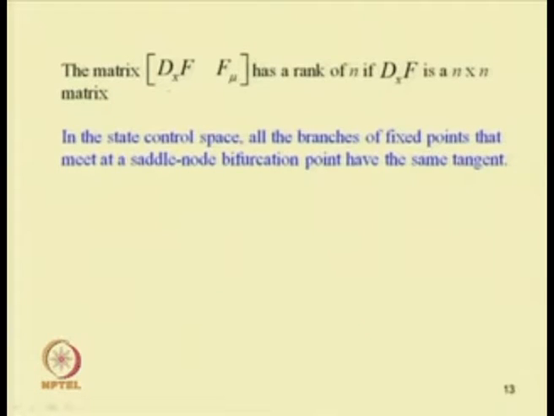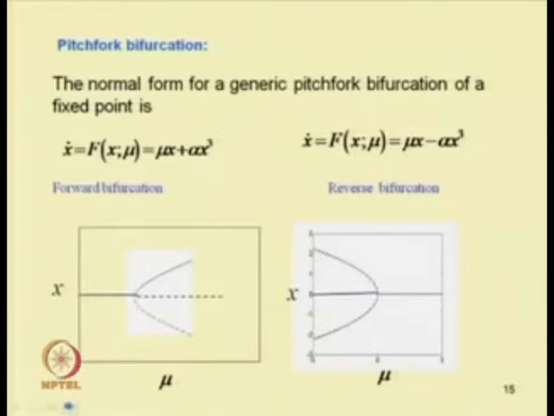So, in the state control space, all the branches of the fixed point that meet at the saddle node bifurcation point have the same tangent. Now, in case of the pitchfork bifurcation point, the generic form is x dot equal to mu x plus alpha x cubed.